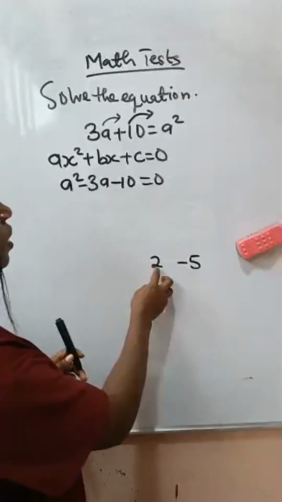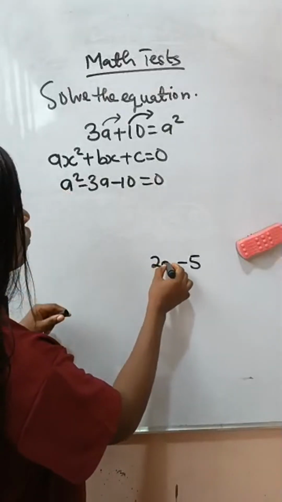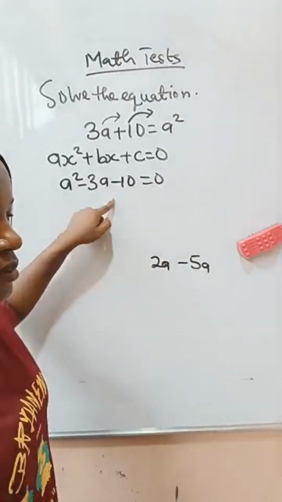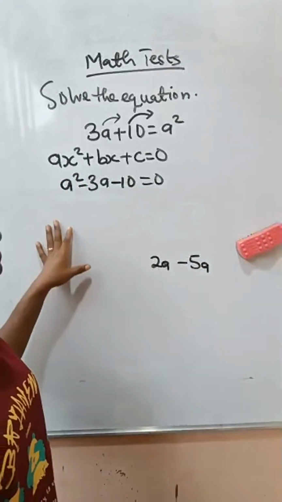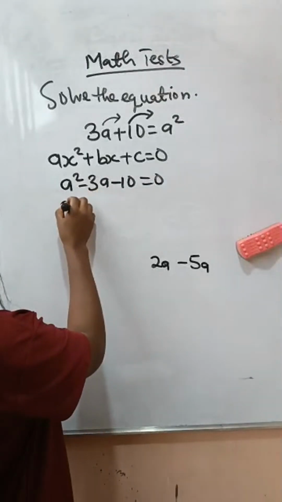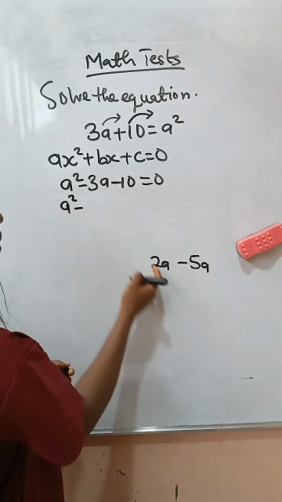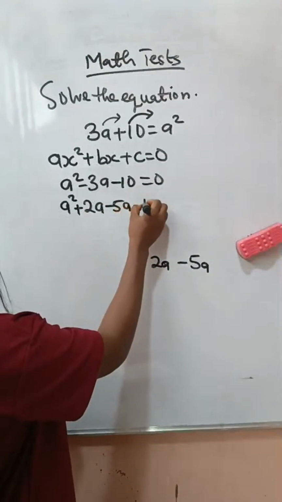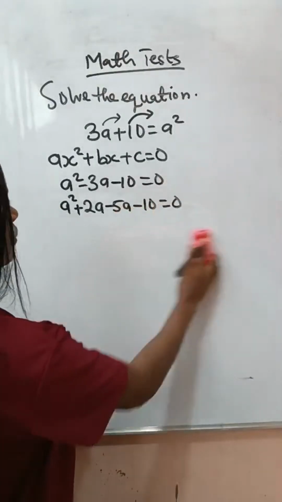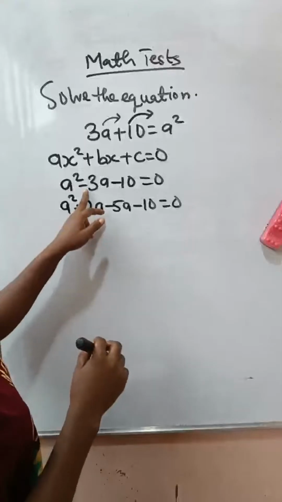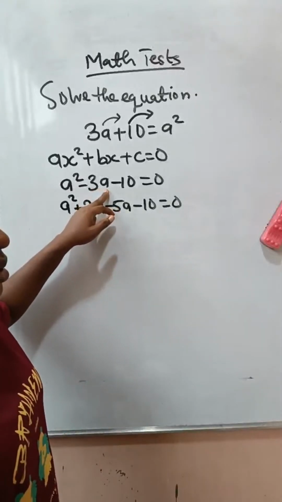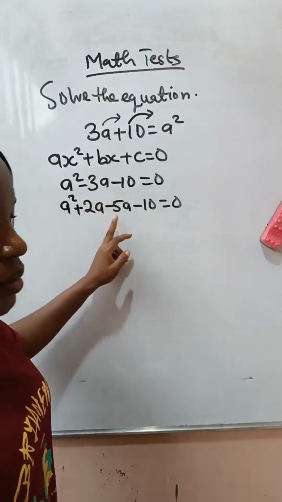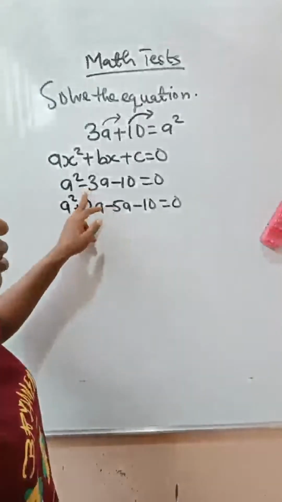We add the variable in front of each of them, and we use them to replace minus 3a. So we'll write a squared plus 2a minus 5a minus 10 is equal to 0. Now we can see that minus 3a has disappeared, but it is still inside 2a minus 5a, because 2a minus 5a will definitely give you minus 3a.